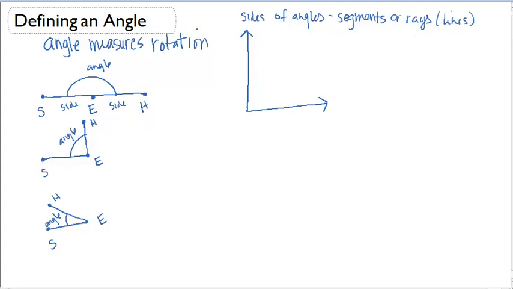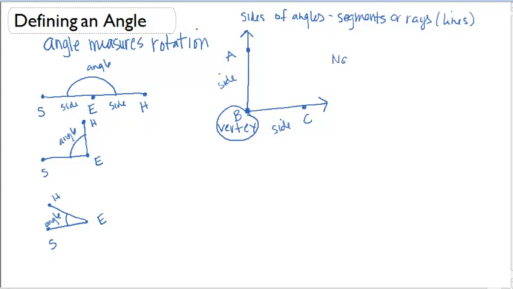So here is my angle. I have this common point, which we call a vertex. In the examples before, that was our elbow. And let's say I have a point right here. We'll call it A. B will be the vertex, and C will be a point on the other side. So this is one side of my angle, and this is the other side of my angle. And here's my vertex.